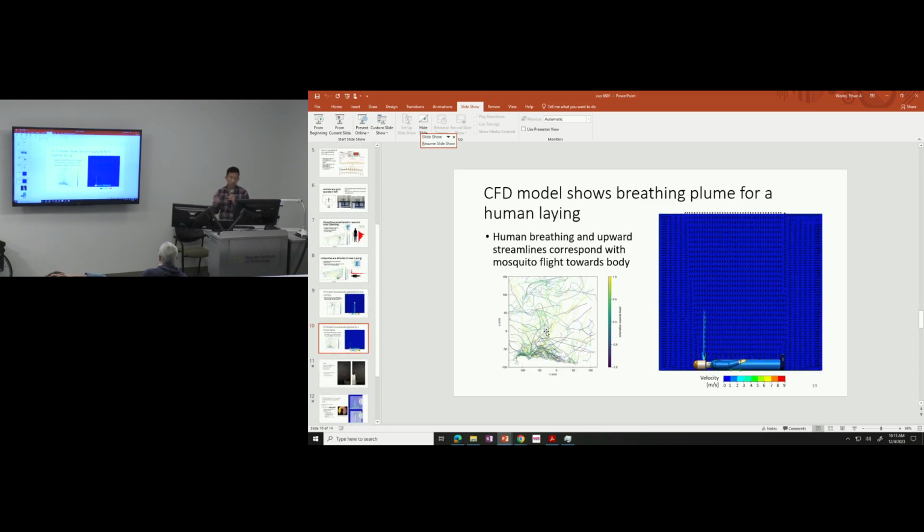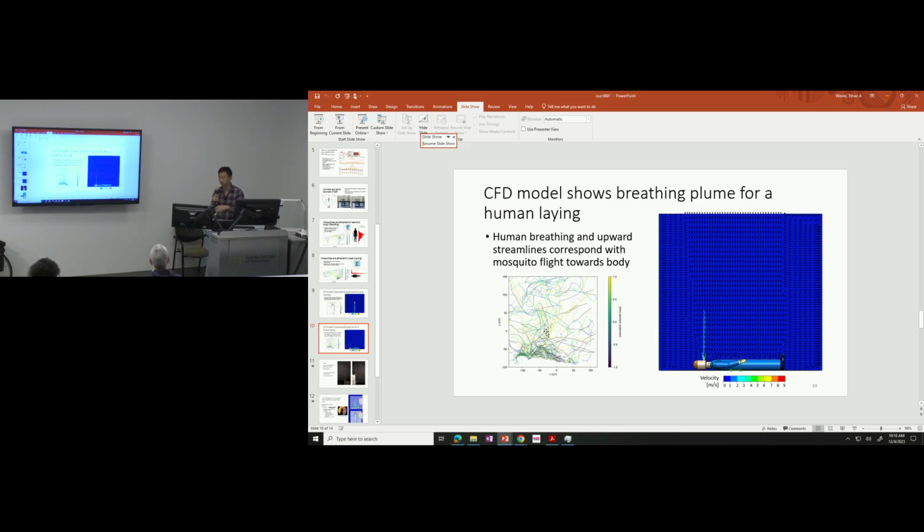Similarly, we did the same thing with a laying down person, where you can see there's not a jet necessarily, but a dispersion of CO2 or breath from the person laying down. And this also doesn't perfectly correlate with the data from the mosquito tracks. So there's probably something else at play.